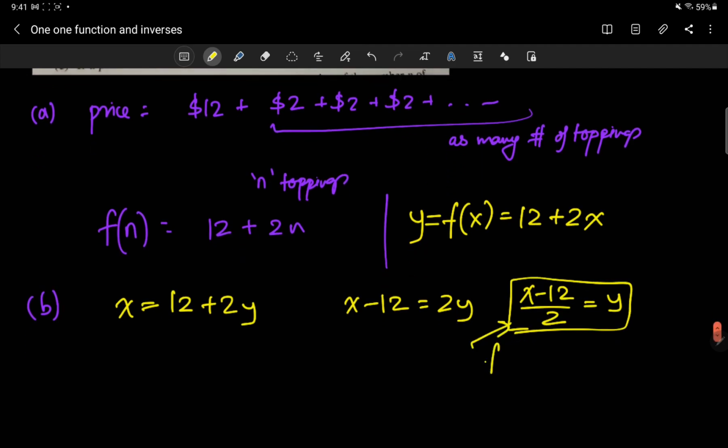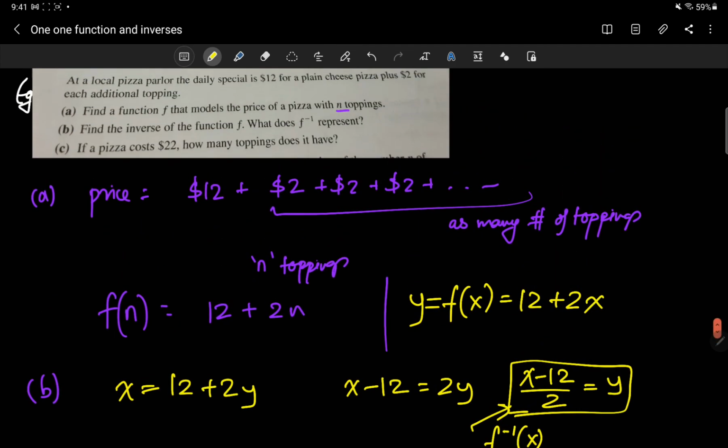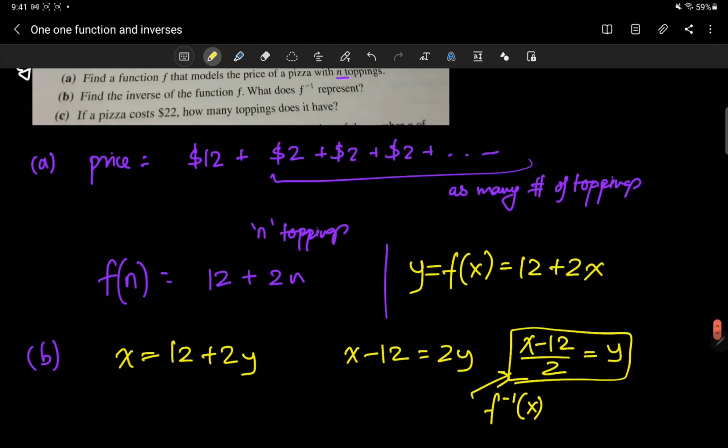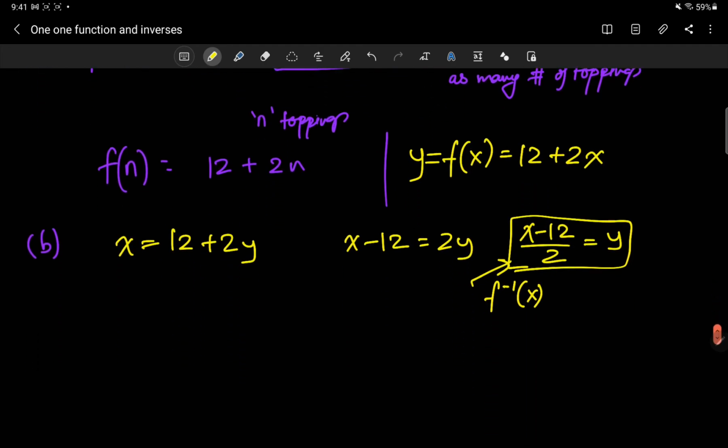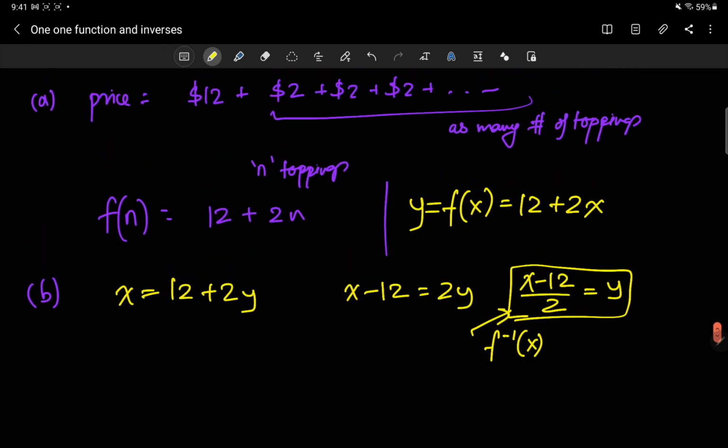So that is f inverse of x. And then it says, what does it represent? If this represents the cost, then this represents the number of toppings that you chose.